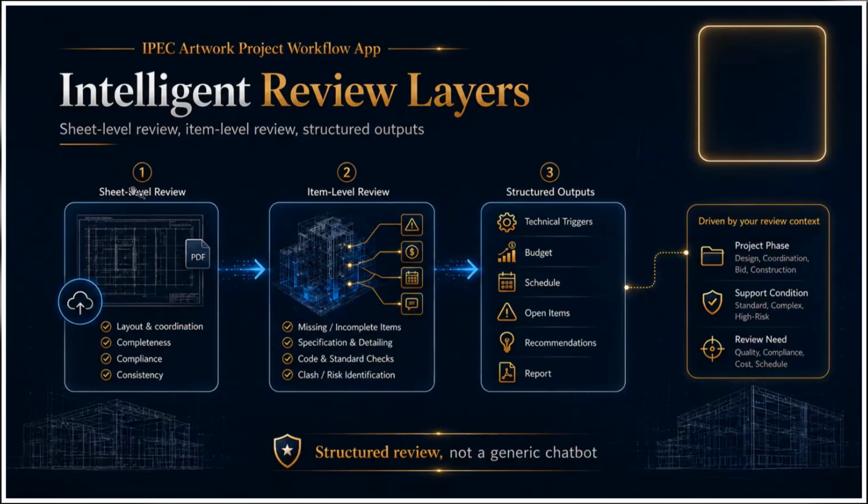The app goes through three different processes. First, sheet level review: the layout and compliance consistency, and as I explained, every single thing on the layout, the app will go through it. Second, item level review: missing items, specification, details, code, clash, and risk identification.